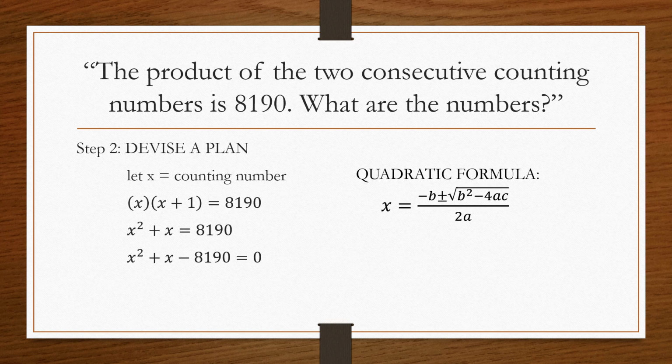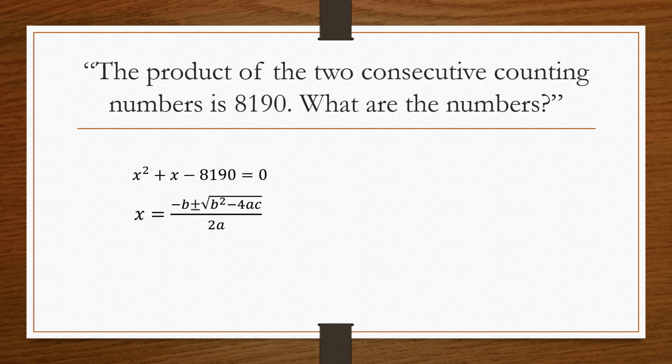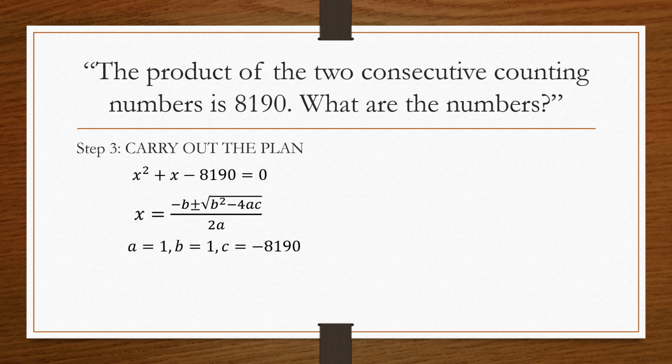So we will use the quadratic formula for this problem. So the values of a, b, and c: a is equal to 1, b is equal to 1, and c is equal to negative 8,190.